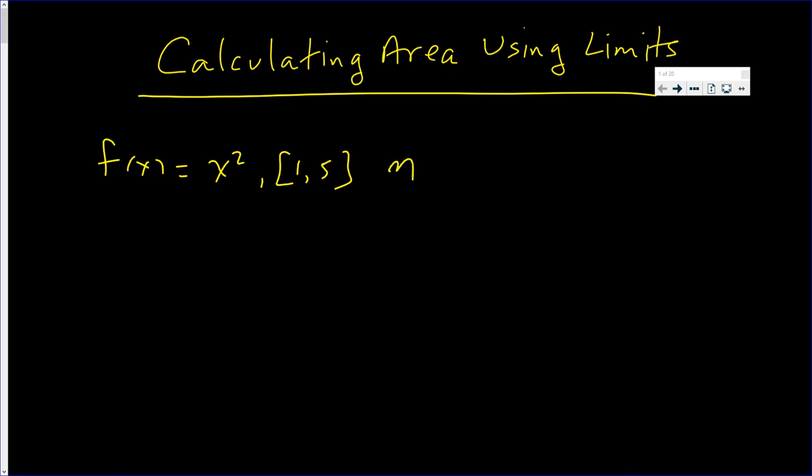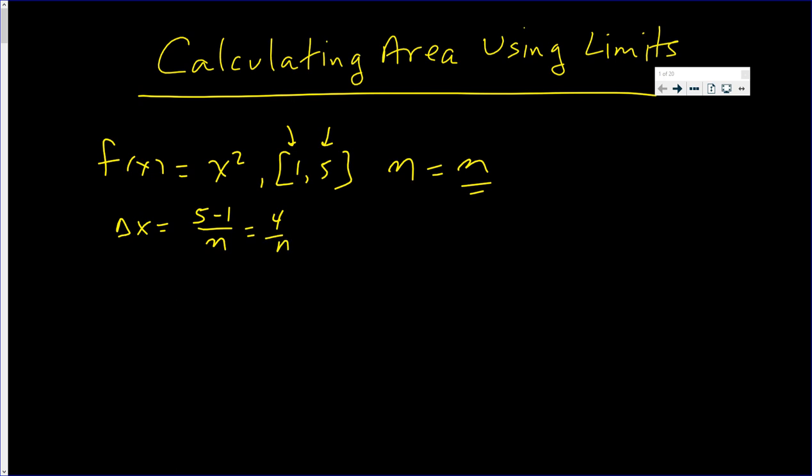The number of rectangles is going to be n. So the base, delta x, is going to be b minus a over n, which is 5 minus 1 over n.